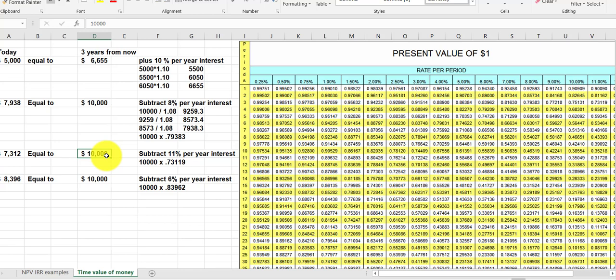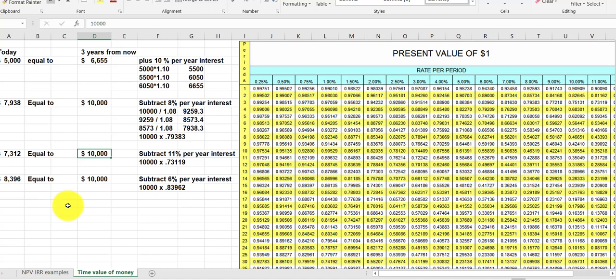And so if you had 7312 today and earned 11% per year, you would get 10,000 3 years from now. And then same thing with 6%, again going to the 6% column and the 3 years, and we get 0.83962. Multiply that by the 10,000 and we get 8396.